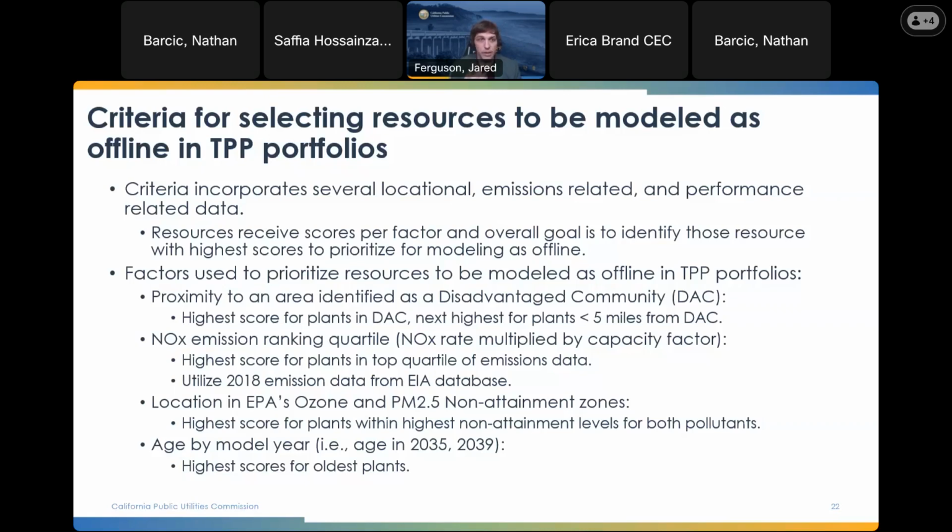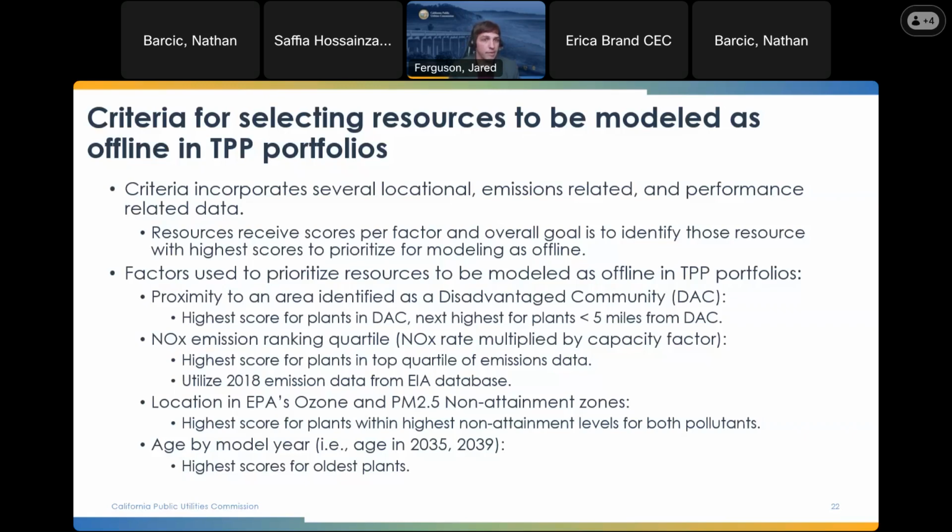And so the factors we are considering is the proximity to disadvantaged communities. So we are giving the highest score for prioritizing to plants in disadvantaged communities, and then the next highest priority to those near disadvantaged communities, and so on down.